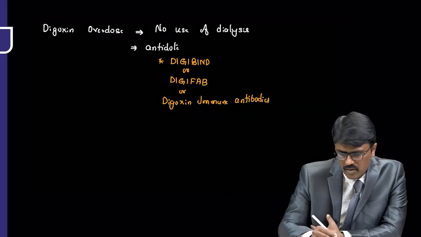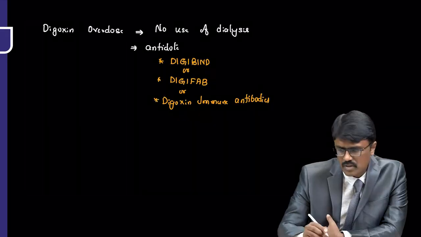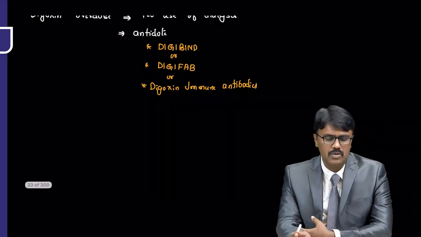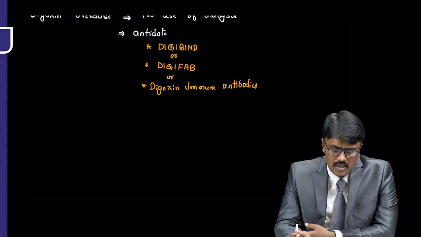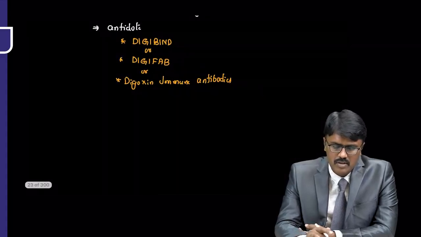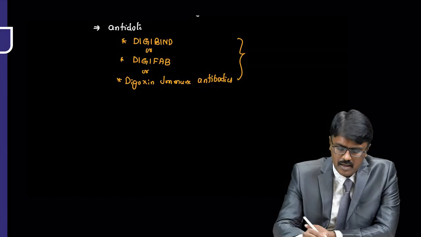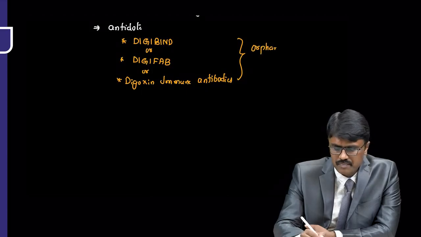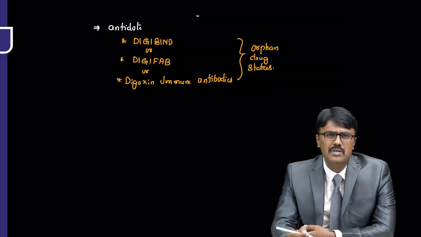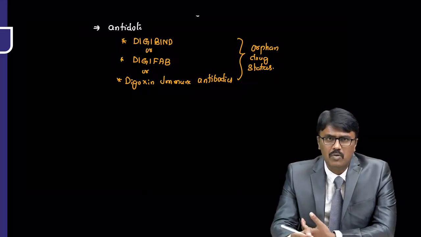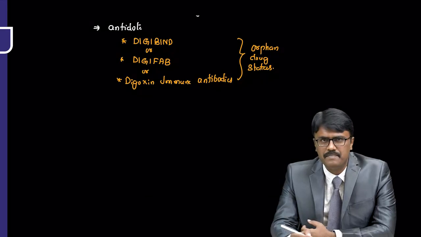So all are the same drug. And recently this question came: digoxin overdose, what is your treatment of choice? Digibind, also called Digifab and digoxin immune antibodies. These are not easily available; they have orphan drug status. And because we don't see digoxin toxicity every day in our hospital, like OP poisoning, digoxin toxicity is very rare.